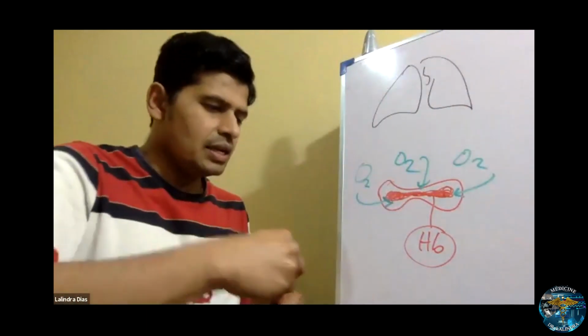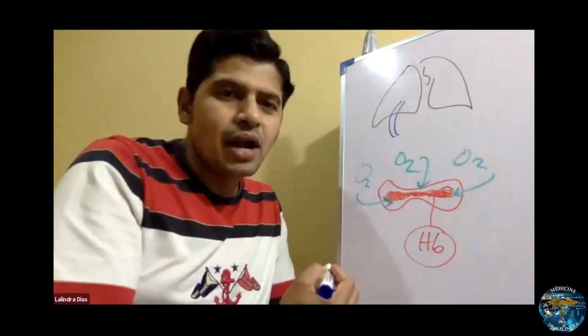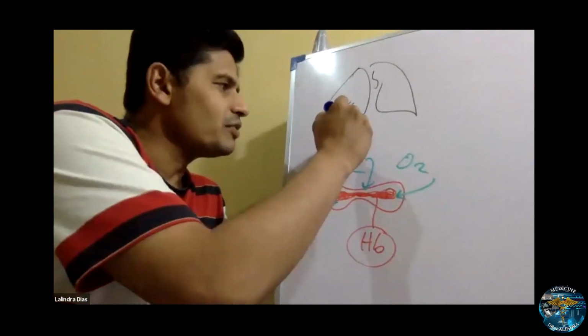So if you take, like this, these are lungs, and they get their blood supply from the pulmonary artery. The pulmonary artery brings your deoxygenated, blue colored blood from the right side of the heart.